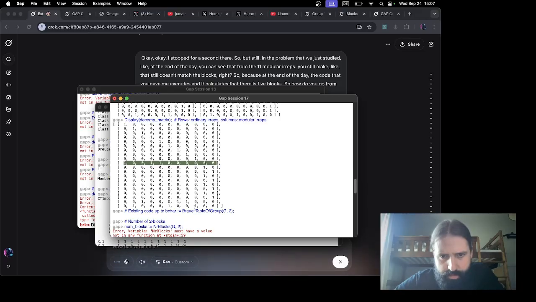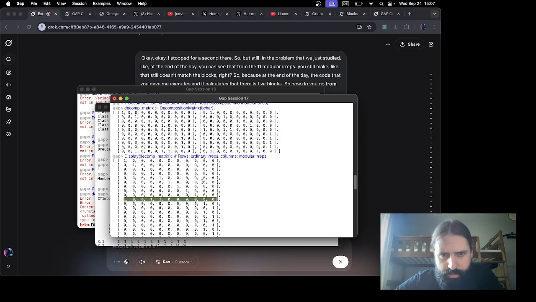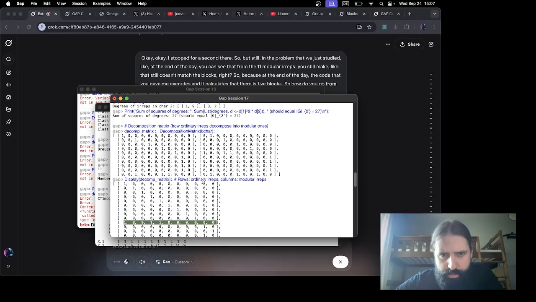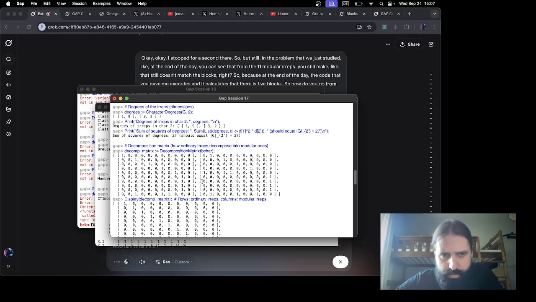But GAP's NrBlocks(G, 2) already did that math. For your G, the extra special 3-group action hides enough symmetry that only 5 independent bundles emerge. Bottom line, 11 irreps, 5 blocks, means the algebra isn't fully split. 5 tables, uneven seats. If it were 11 blocks, every rep would be isolated, clean. Here, nope, char 2 forced gluing.